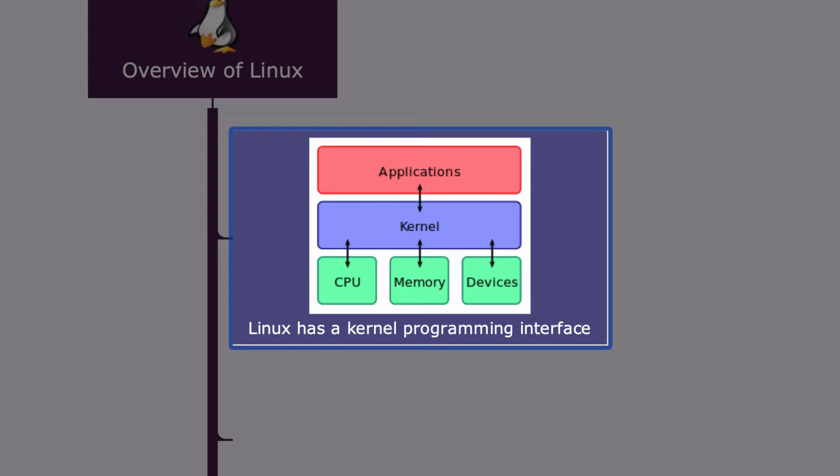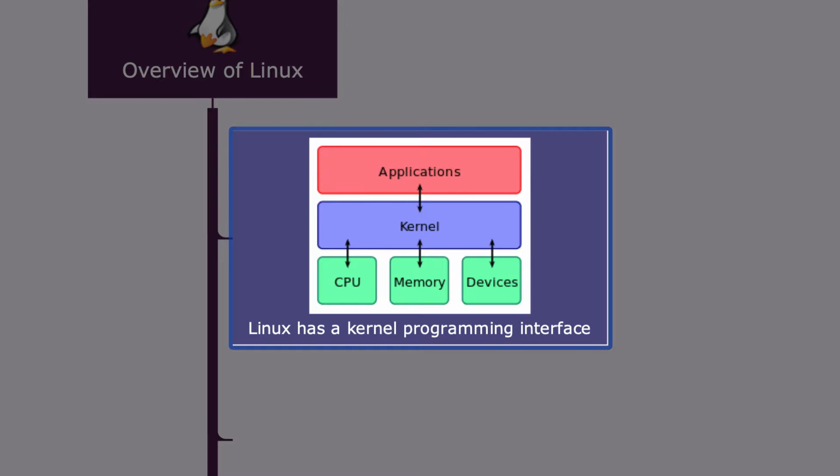So firstly, Linux has a kernel programming interface. The Linux kernel is the heart of the Linux operating system, and it's responsible for allocating the resources and scheduling user jobs so each one gets its fair share of resources, including access to, for example, the CPU, peripheral devices, memory, and so on and so forth.